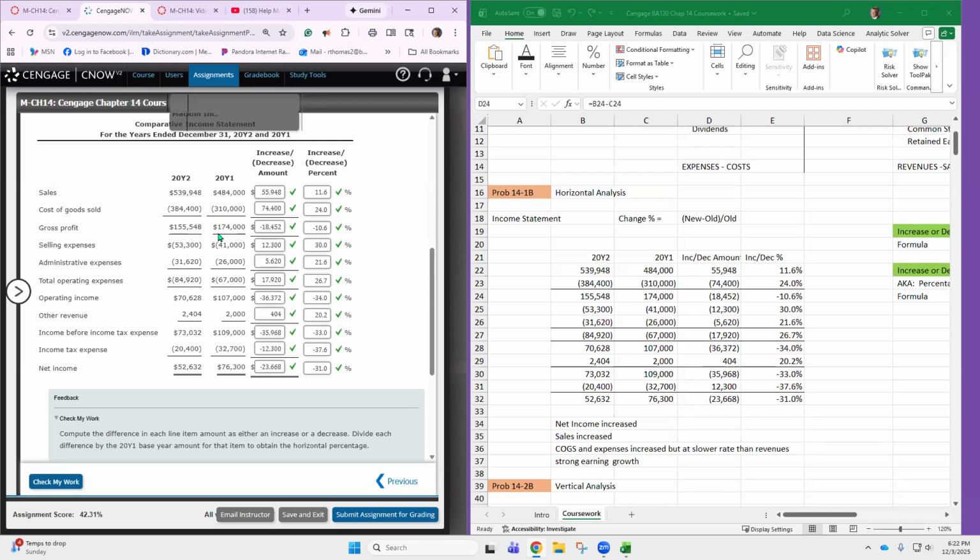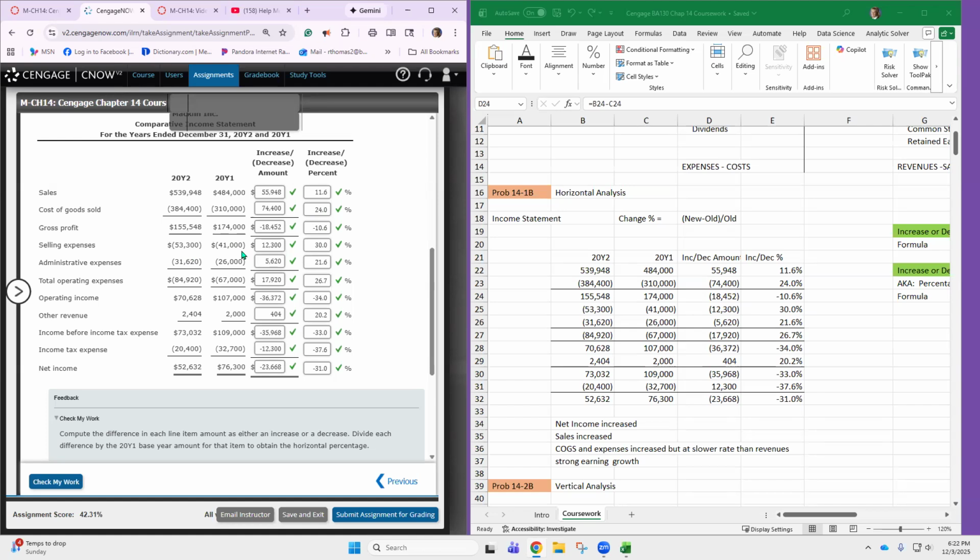Woo! Gross profit, we were making 174,000 last year in gross profit. Now we're down. So this is actually a decrease. And what's the difference between 11.6 and 24? That's 10.6, just about. Okay, so gross profit went down.